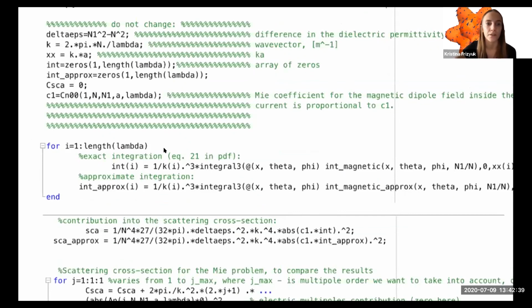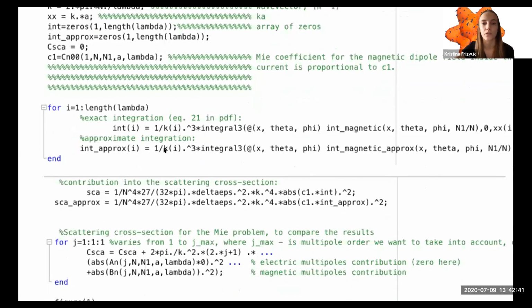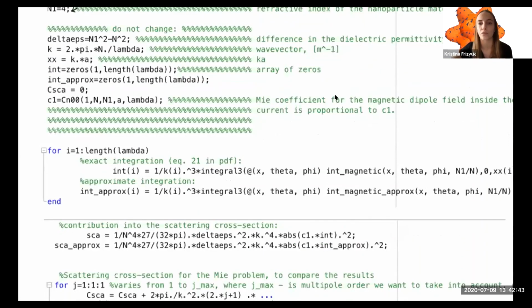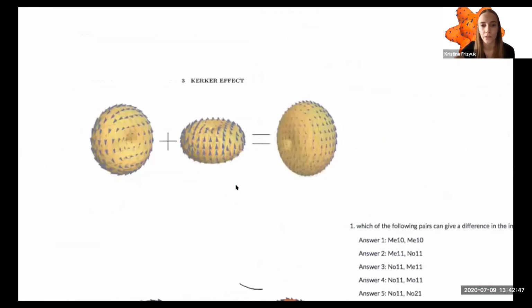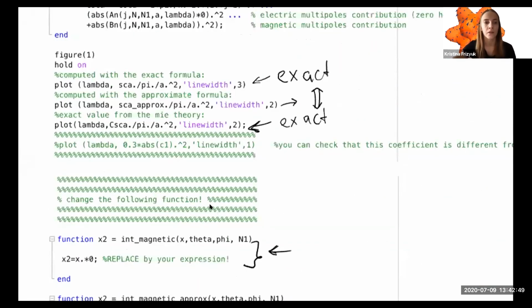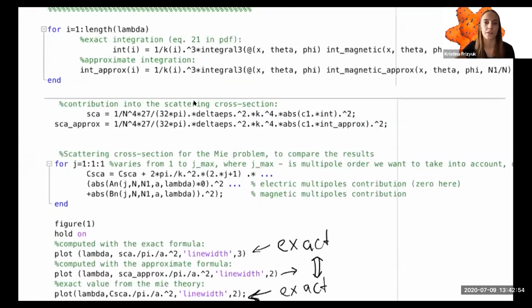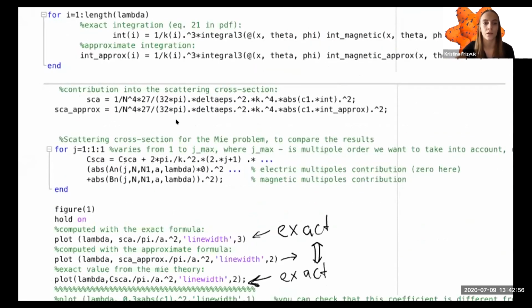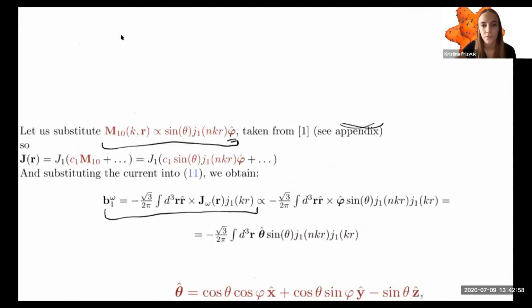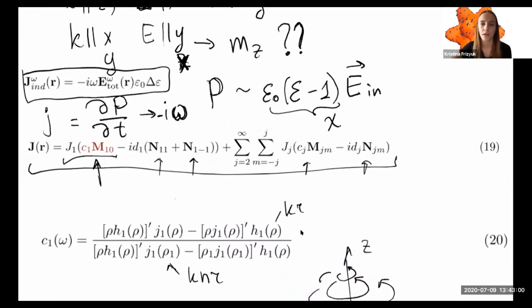Where I define Cn00, this is the Mie coefficient proportional, and it is already given in the function. You don't need to change it. It is already given in the code. You don't need to do anything with this because it is part of the current.